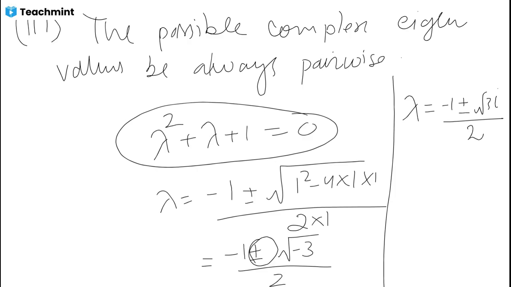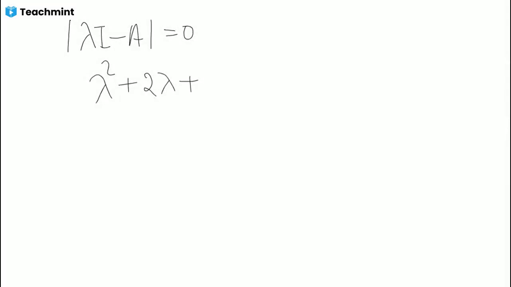I'm telling you on the next page also. If you have an equation after taking the determinant of lambda into I minus A, for example, we have this equation lambda square plus 2 lambda plus 3 is equal to 0.